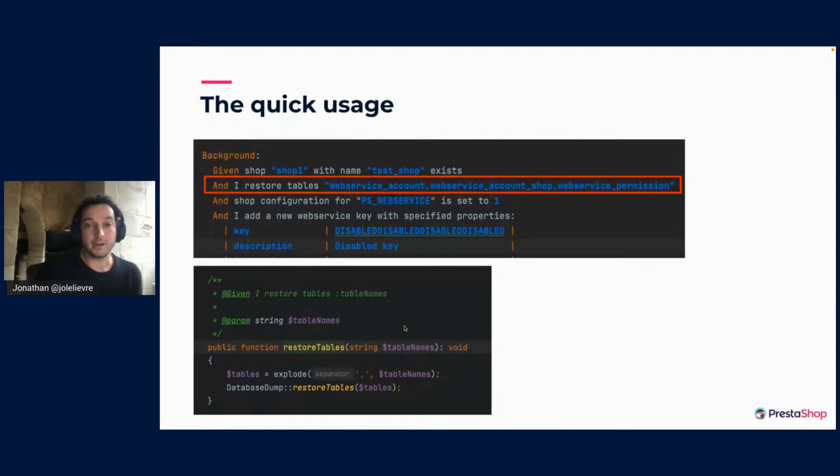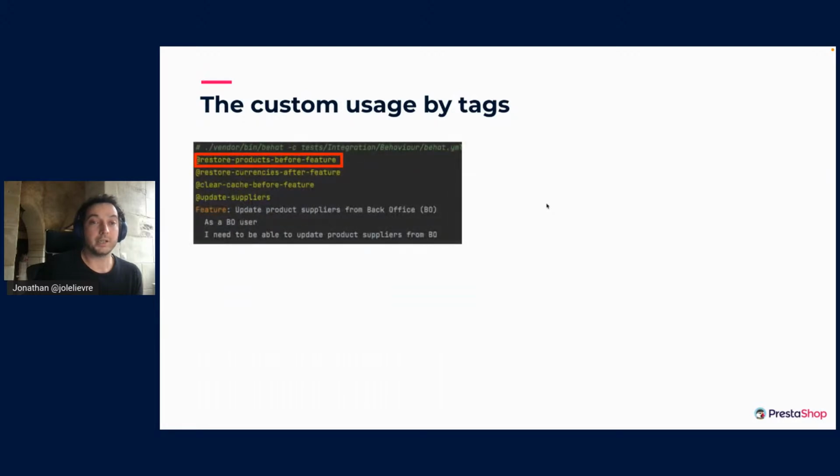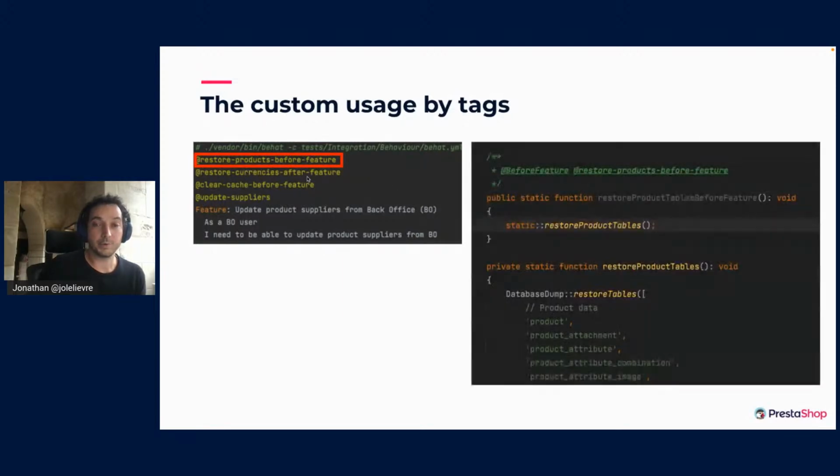However, for some domain like product, for example, we needed some more custom usage. So in this case, we introduced some tags that are using some Behat feature. This tag is executed before feature, which means at the end of the whole feature file, we will execute the map function. And this function actually restores all product related tables. So for product, since it's a very big domain, you have attachment, combination, you can have customization, and so on.